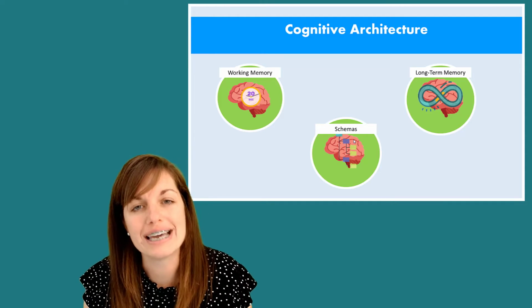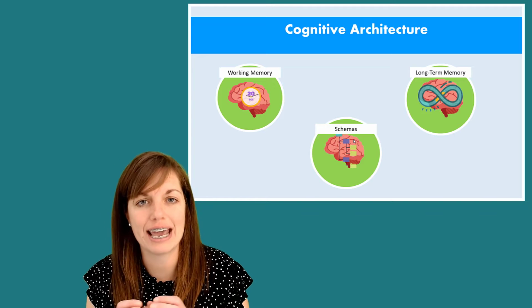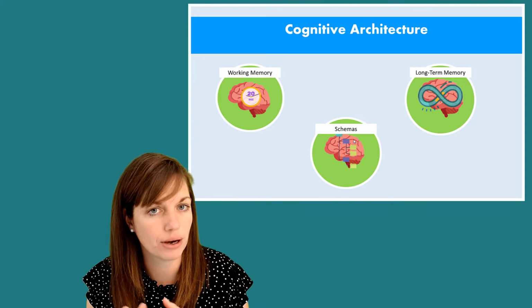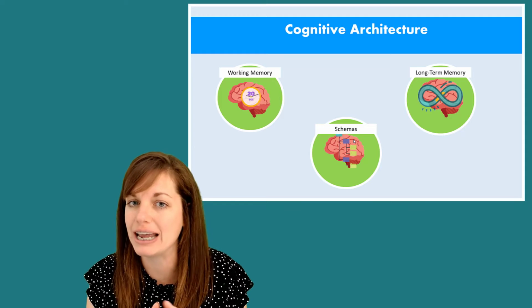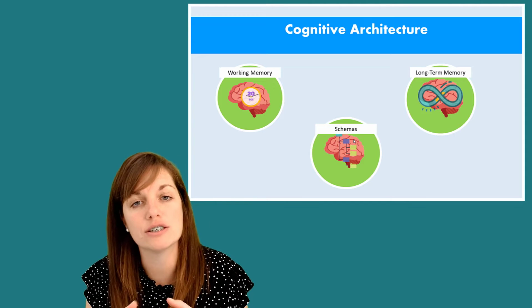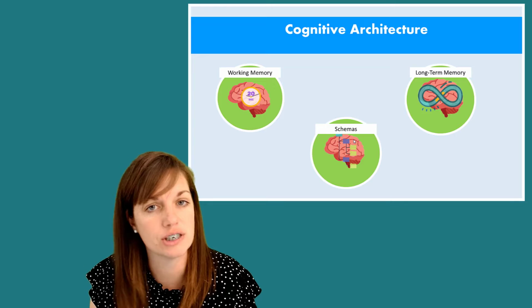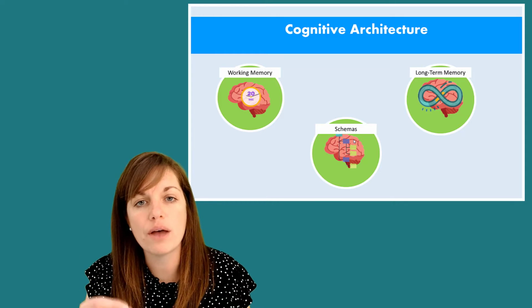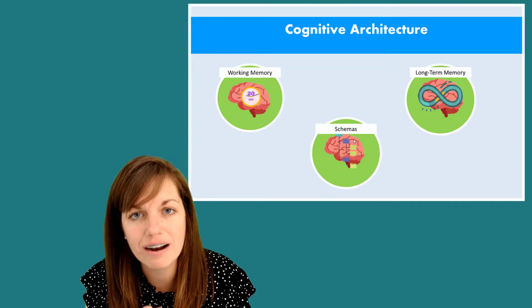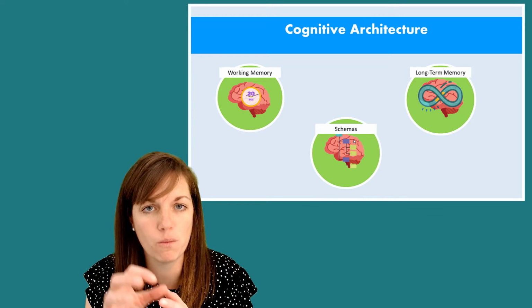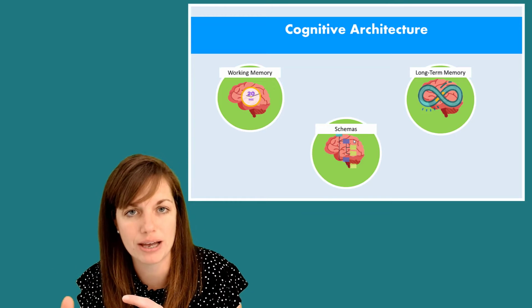So the goal is, as learners take in information into their working memory, which again is severely limited, it can only hold approximately 2 to 4 elements of new information at a time, we want the learner to be able to integrate the information from their working memory into schemas.